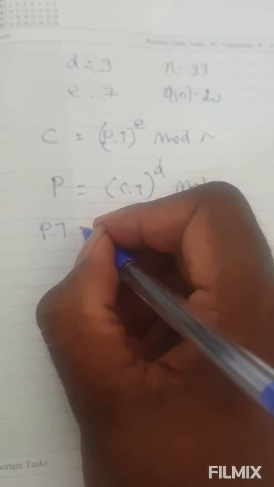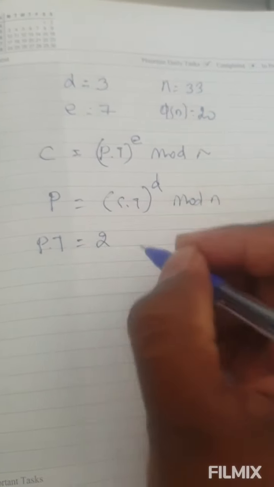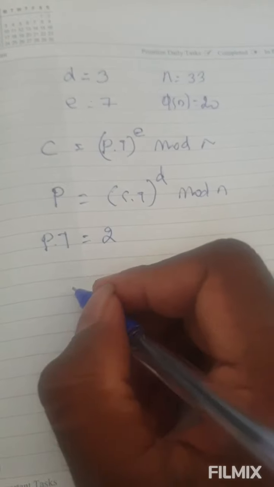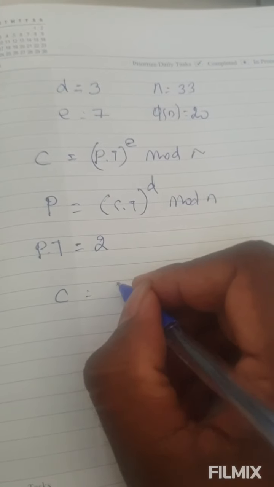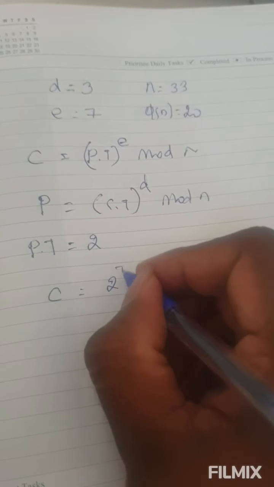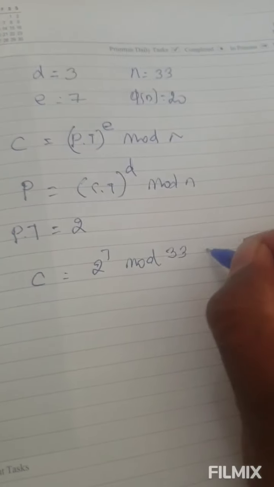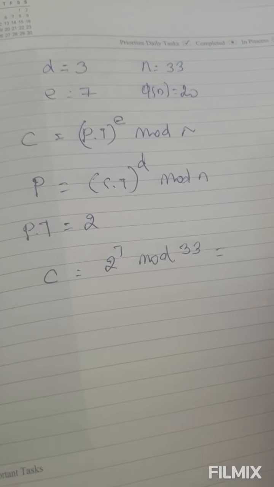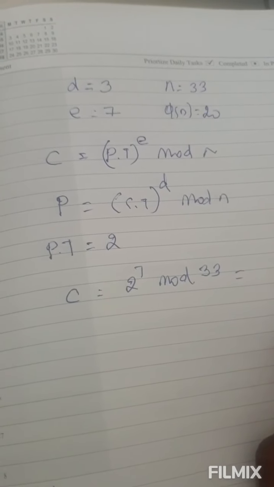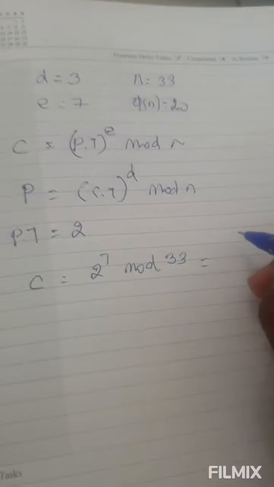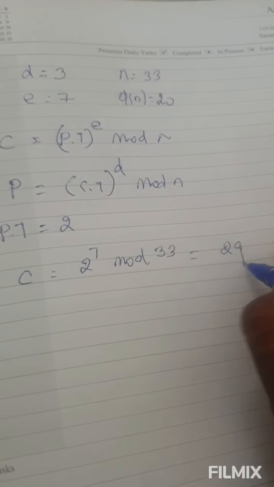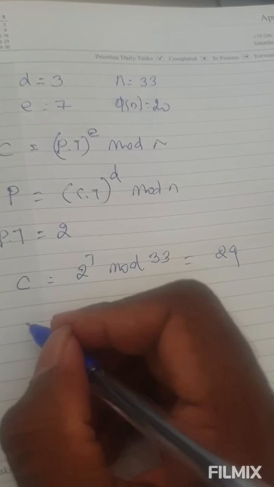We assume the plain text value is 2. Then the ciphertext C is equal to 2 to the power of 7 mod 33. The value is 29.